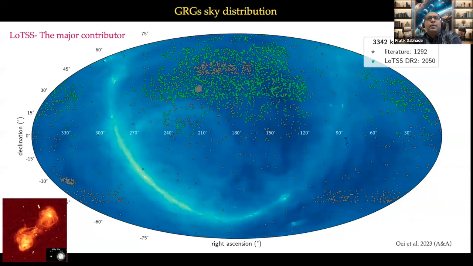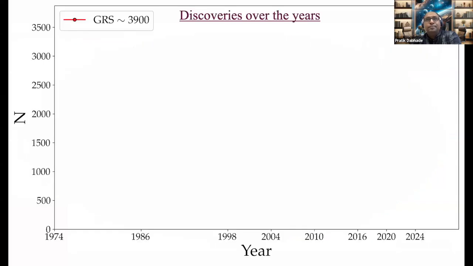So in recent times, the LOFAR surveys came out with their data release two, which found not just a few hundred, but almost 2,000 new giant radio galaxies, which has taken the overall GRG landscape to now nearly 4 to 5,000 sources. So we've come a long way, and it has become a hot topic compared to 8 years ago.